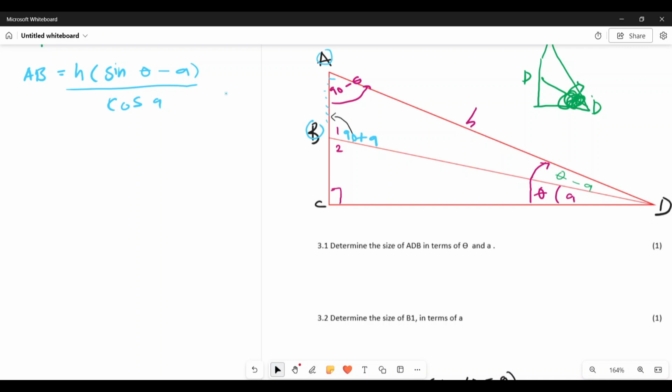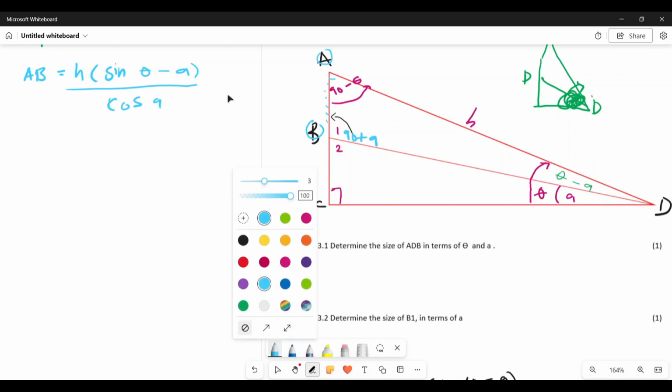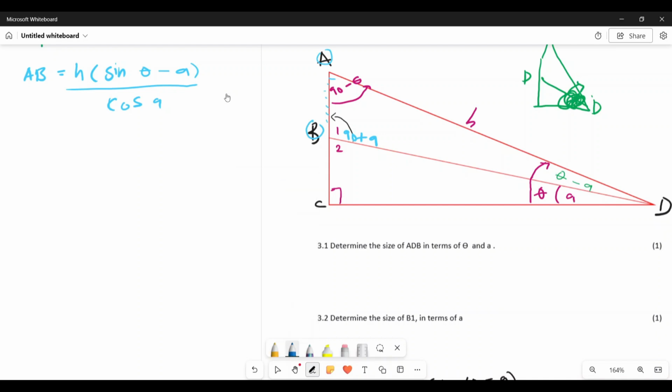Now, remember, here you need to choose whether you are going to make use of the cos rule or the sine rule. How would you know which rule to use here? Let's start with the sine rule. In which scenario are you going to use the sine rule? This is if they gave you the angle opposite to the side you're trying to prove.